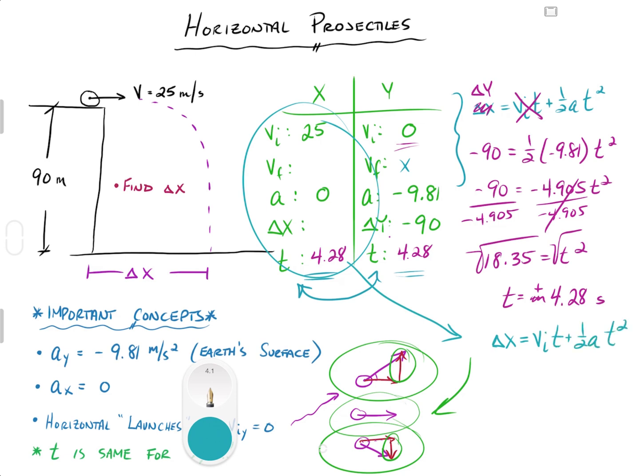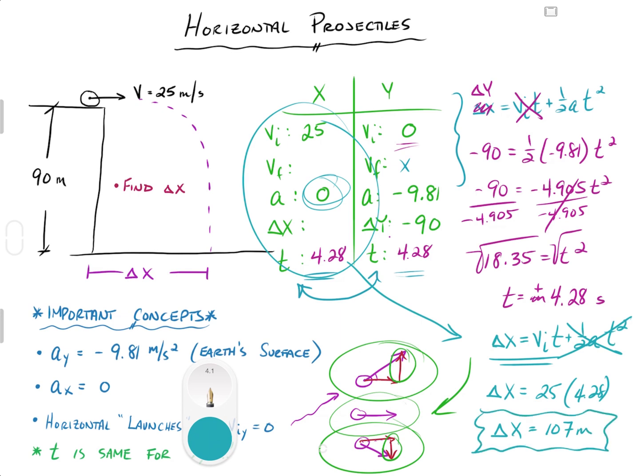I like this equation because 0 acceleration means this is gone. So delta x just equals VIT. So delta x equals my initial velocity of 25. My time is 4.28. So this thing must have gone about 107 meters.